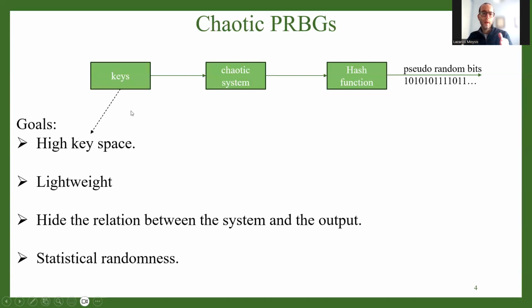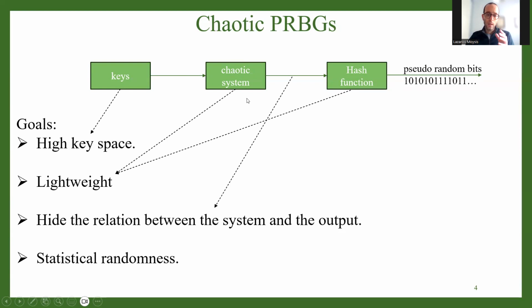First of all, we want to achieve a high key space. This has to do with being able to resist brute force attacks. So our first goal is this. Secondly, our chaotic system and our hash function need to be relatively lightweight, so they cannot be extremely time consuming. Of course, they need to be fast, but they also need to be secure and efficient.